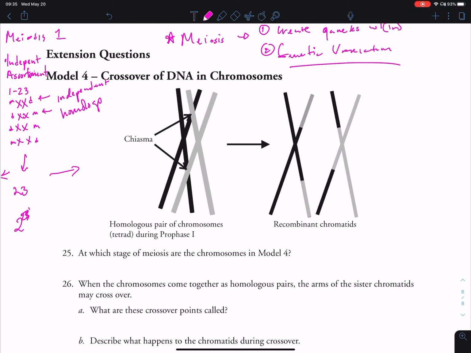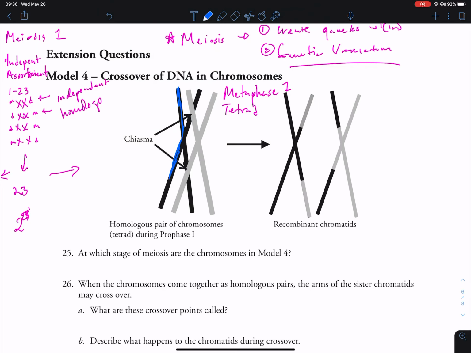And so there's a way to ensure that it is actually impossible to have 2 identical sperm or egg cells, 2 identical gametes. And that's through crossover in metaphase 1. So in metaphase 1, when we are in our tetrad, the inside sisters, so again, I'm going to draw this because I think it's helpful.